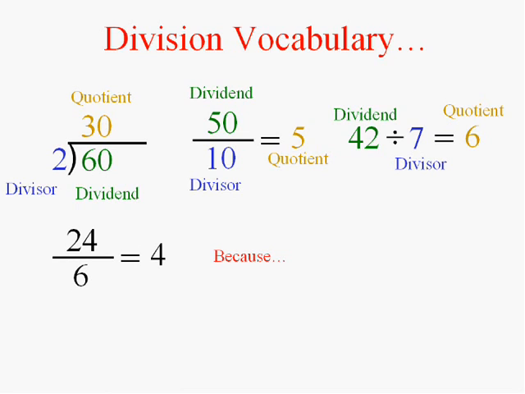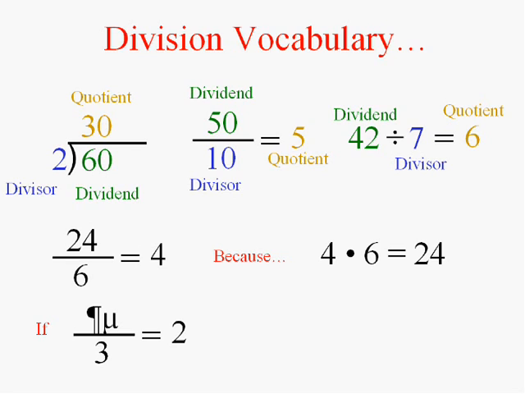In something like this, we say that 24 over 6 is 24 divided by 6, because that's what a fraction is. 24 over 6 equals 4 because we can work backwards: 4 times 6 equals 24.